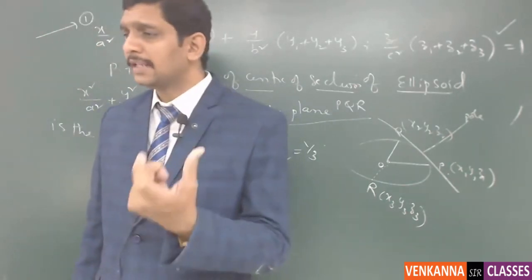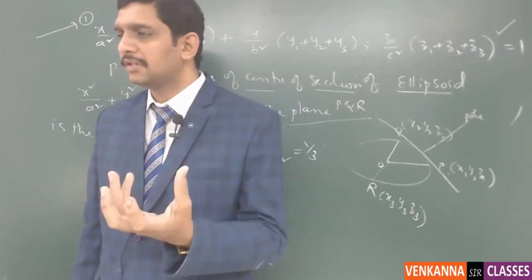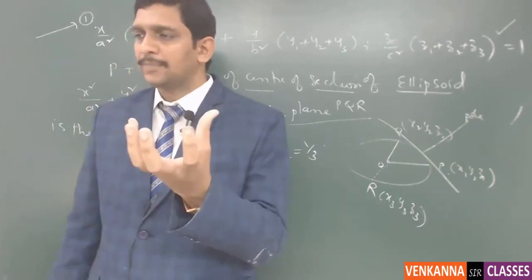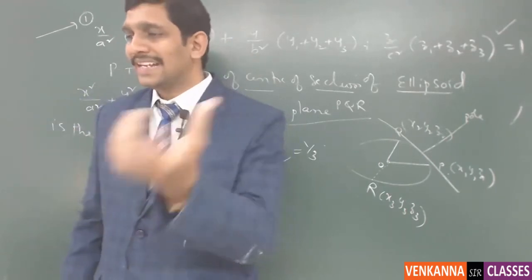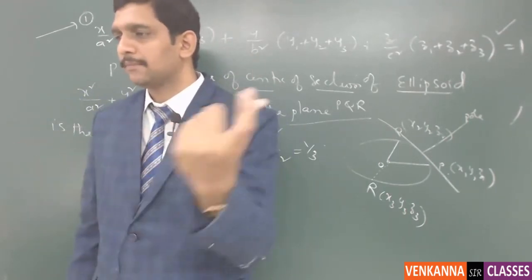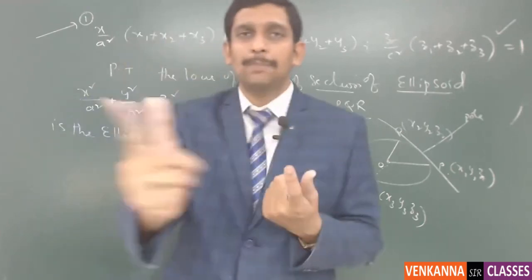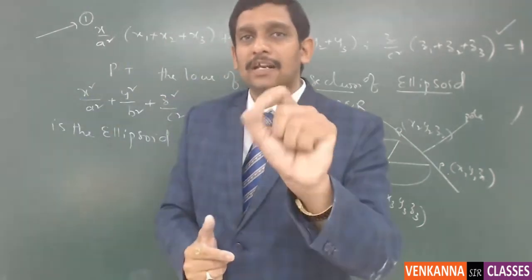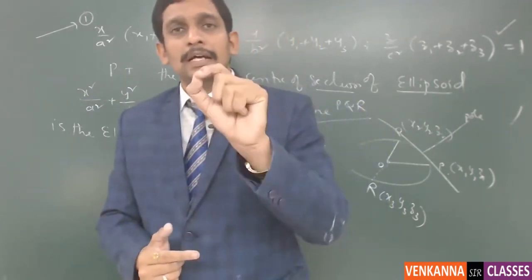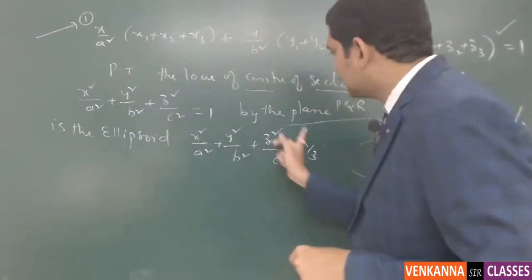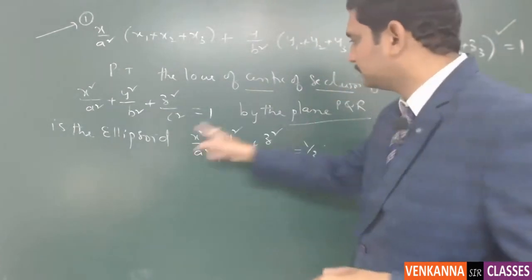Is everyone getting the concept of my visualization? I have taken an ellipsoid, with a knife I am chopping it. So I will get a section of it, the part. So for that part, you will get a center, a point. So he is saying that that point satisfies this ellipsoid equation.